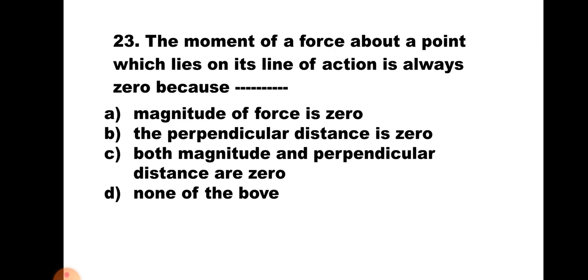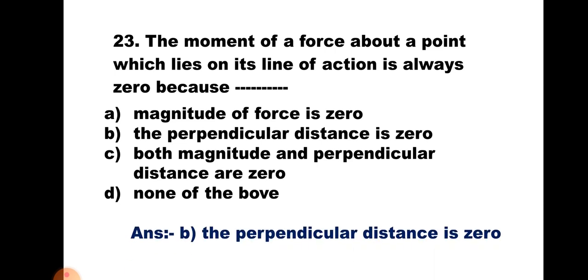Now here, when a force acts along a particular line and you want to find the moment of that force about any point on its line of action, definitely its moment will be 0. It is due to the reason that as the force is passing through that point, the perpendicular distance is 0. Hence the correct answer is B, perpendicular distance is 0.